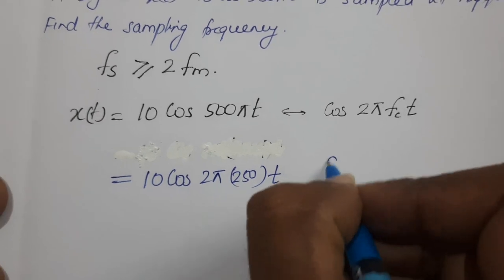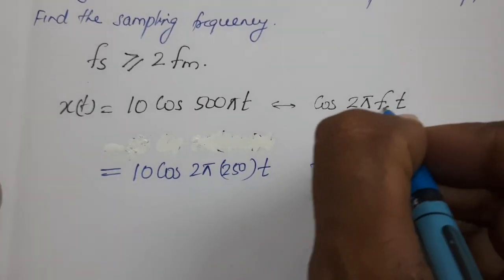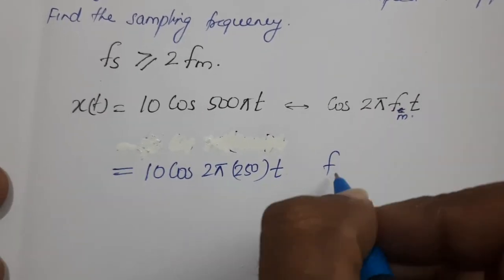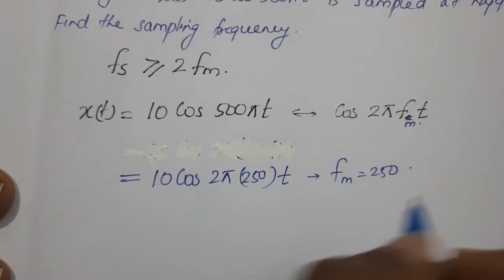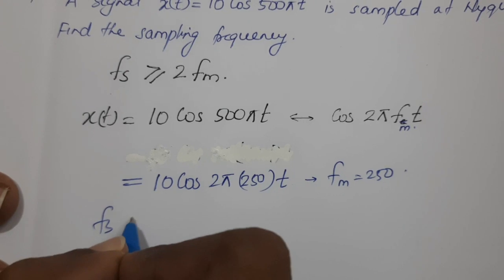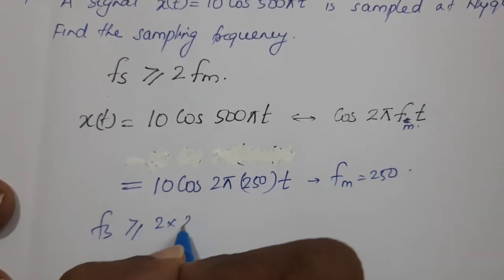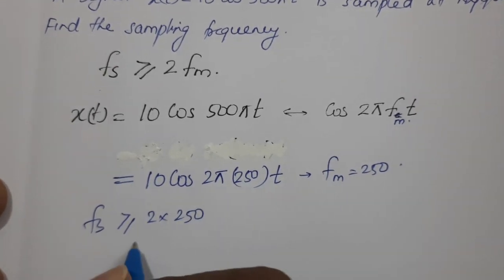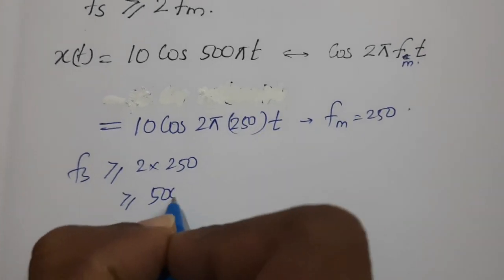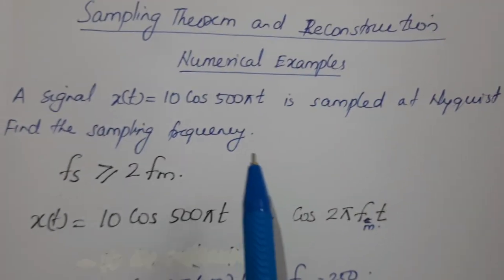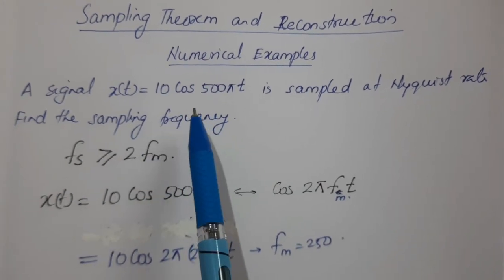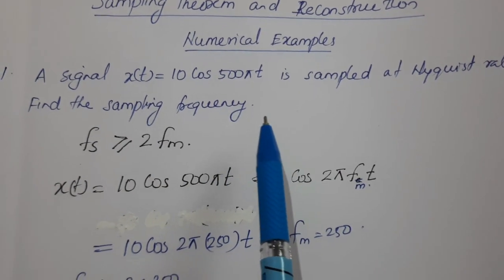So here we can see that this is fm, fm equal to 250. Now fs should be greater than or equal to 2 into 250, so greater than or equal to 500 Hertz. So for this signal, the sampling frequency should be 500 Hertz.